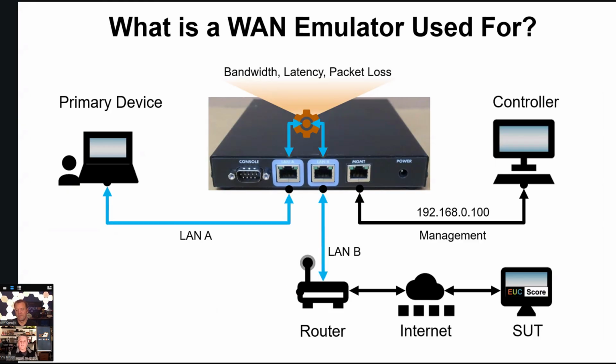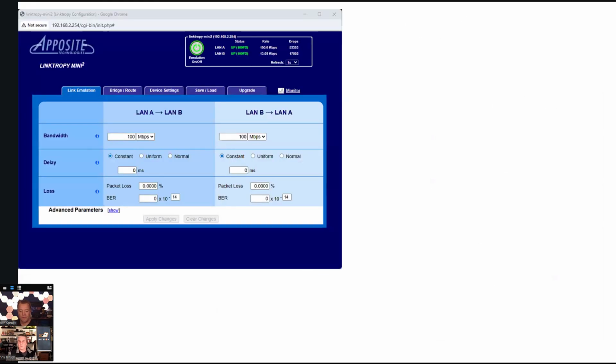Now, as soon as I go into the network sockets of my WAN emulator, LAN A from the primary device, and then with LAN B go to the router, and have this management port for the WAN emulator, I can select what kind of network settings I want to choose. And this allows me to modify things on the fly if I want to.